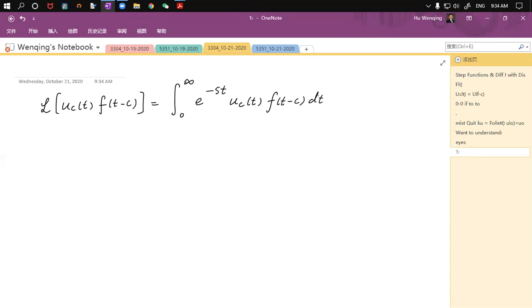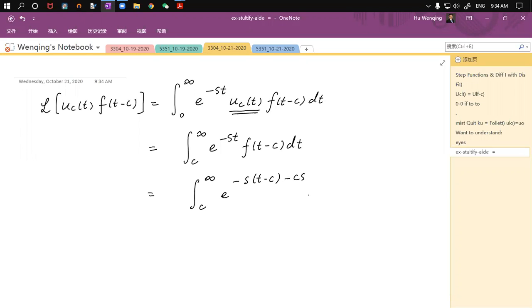Is that good, family? However, you can see that u_c of t is equal to 0 before time c. So it's just the integral from c to infinity of e to the minus s t multiplied by f of t minus c dt. If you integrate from c to infinity, you can write e to the minus s times (t minus c) plus c, which is minus c times s, and then f of t minus c.